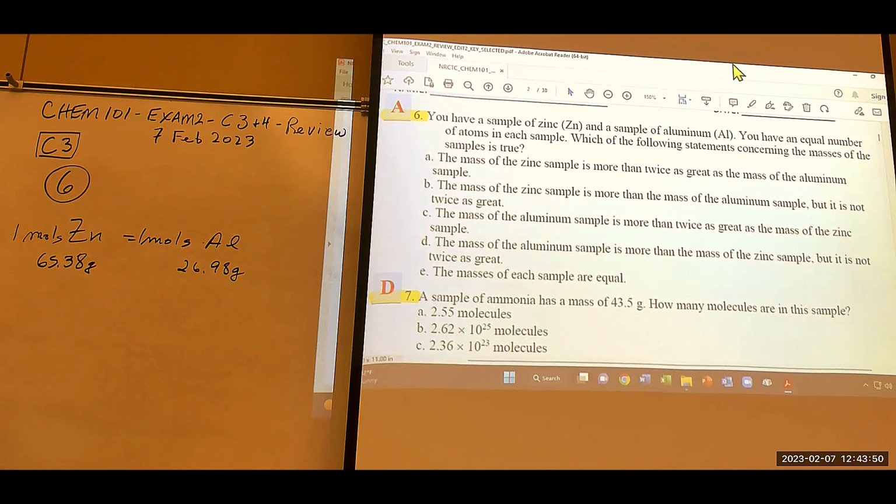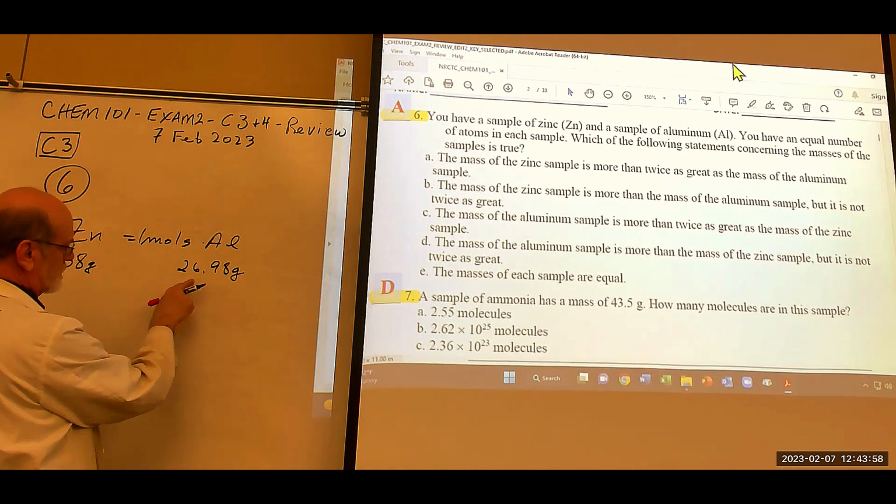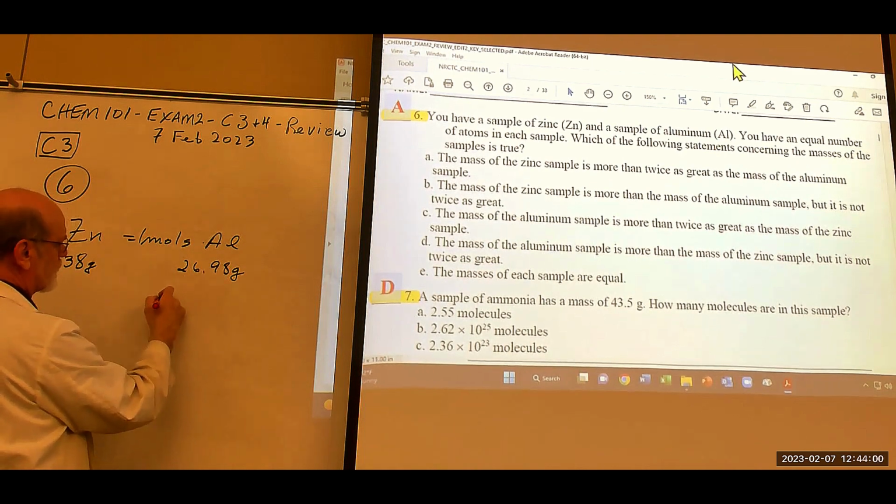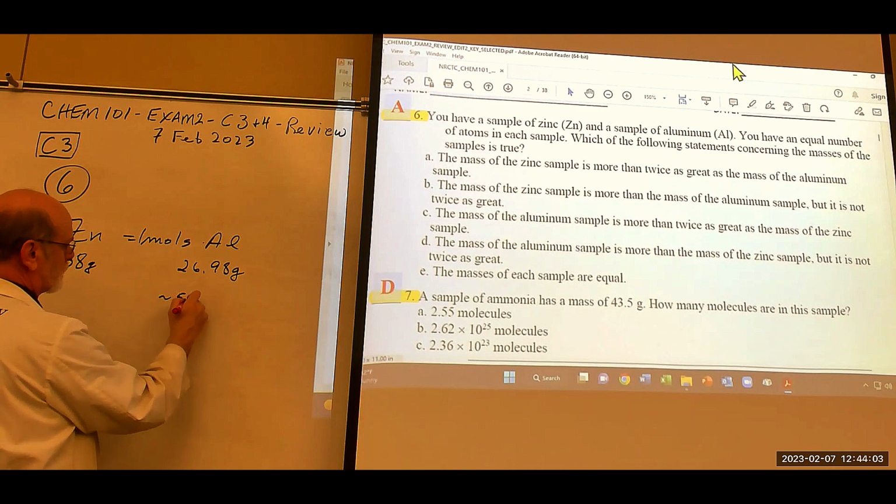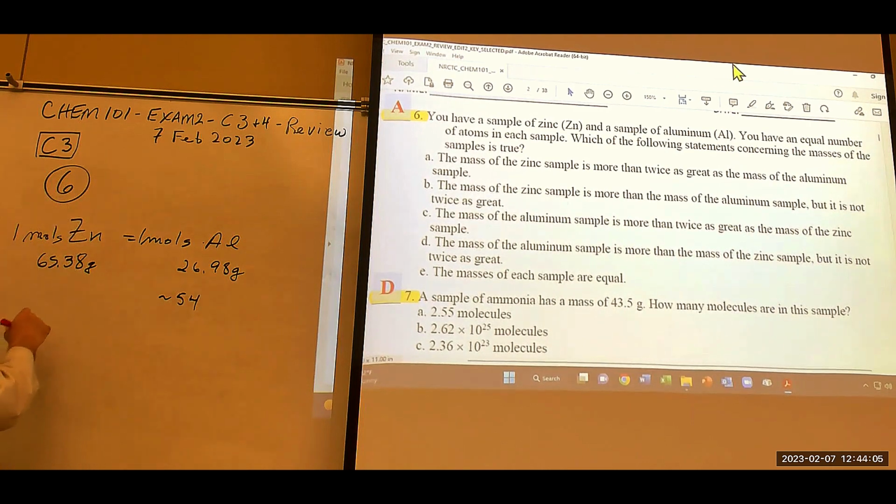So let's see, we've got one in here that works. The mass of the zinc sample is more than twice as great as the mass of the aluminum. Well, let's see, what's twice that? It's almost 27, so it'd be what? 54? Yeah, it's more than twice. That's true.